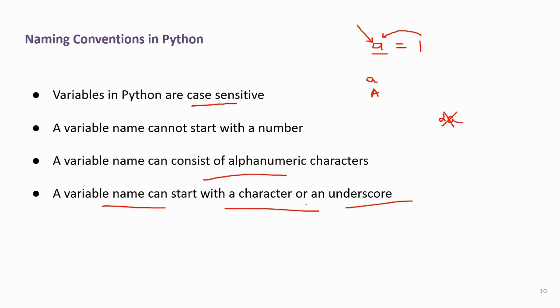Characters we have already seen. We can do it like this also, with an underscore at the starting. So this is also acceptable. These are the naming conventions you should follow while naming or declaring the variable.